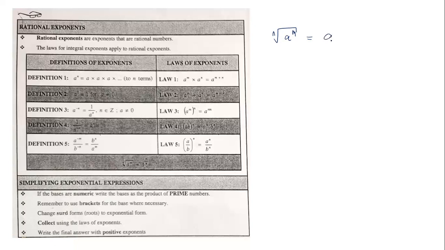So now a, we still have to the power of m, right? But you need to understand that this root sign, as we represent it in the form of an exponent, we're going to have to take 1 over this. So here we have a to the power of m. Let me enclose this inside of the bracket.